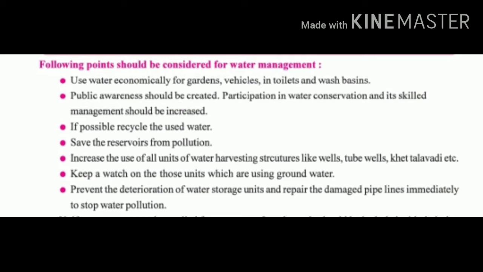Nowadays, the water crisis is at a very alarming stage in the arid region of western Rajasthan and the interior area of the southern peninsular plateau. The quality of water has deteriorated in many villages and some towns. Many waterborne diseases spread due to this.